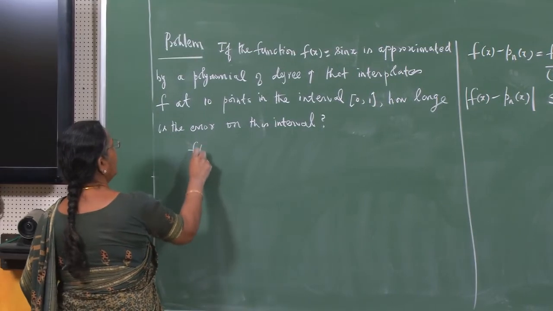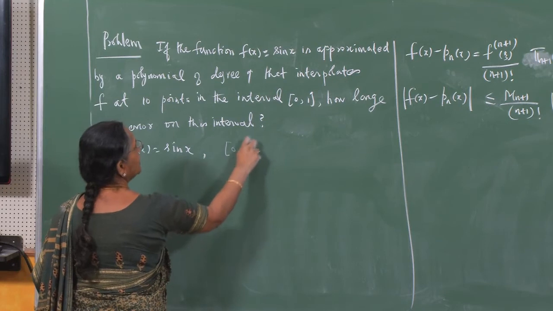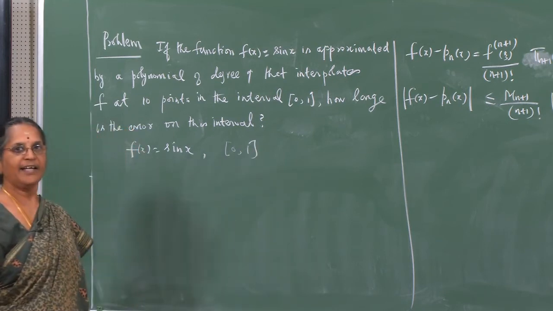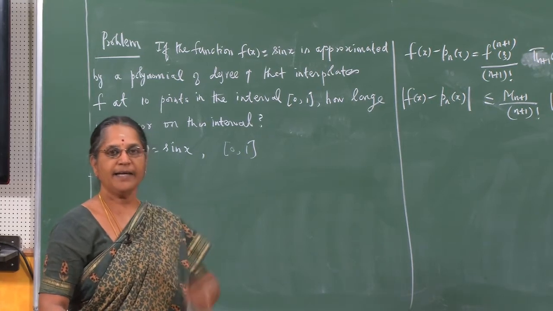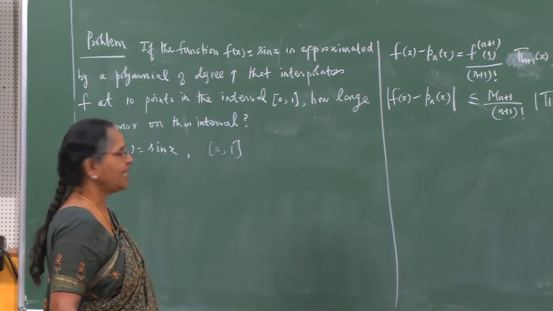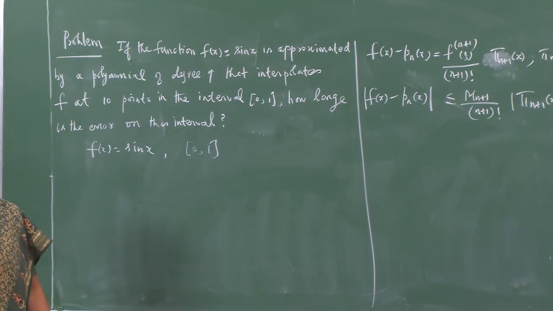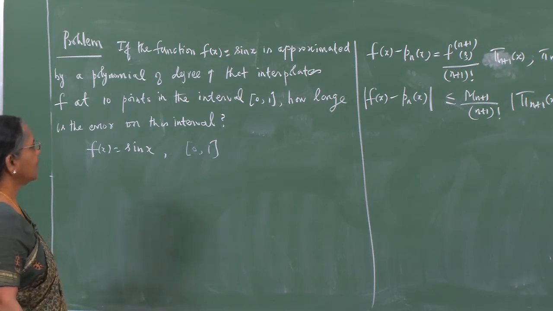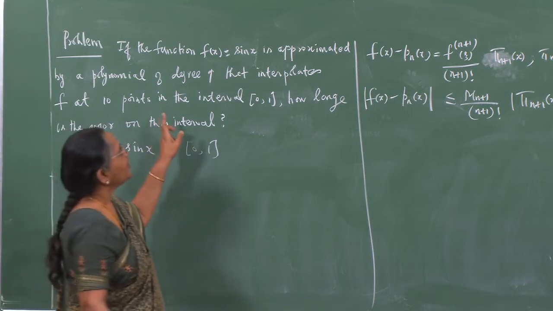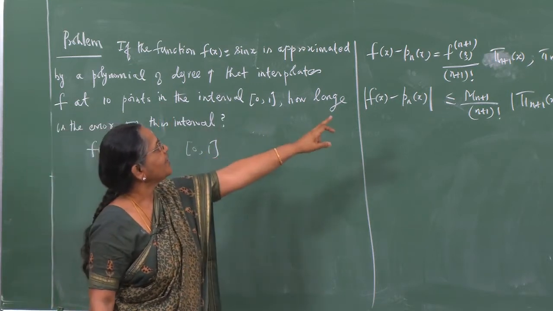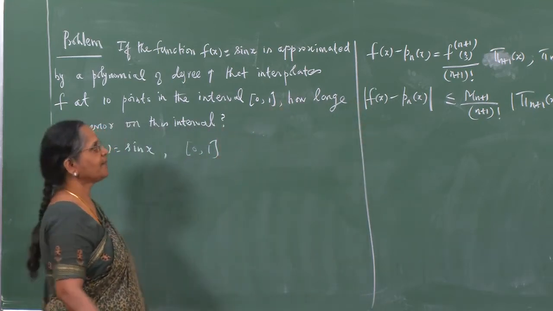We are given f of x equal to sin x, and we want to determine the error in interpolation when we represent this function sin x by a 9th degree polynomial which interpolates sin x at a set of 10 distinct points. Let us first relate this formula with what we want and what we are given.